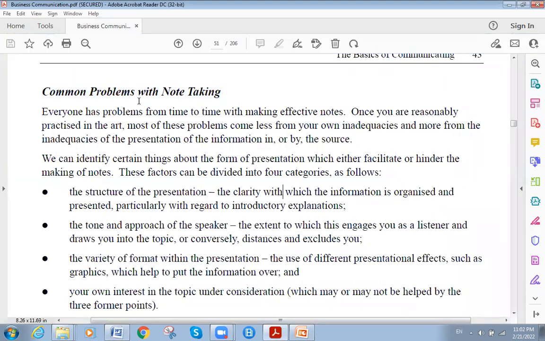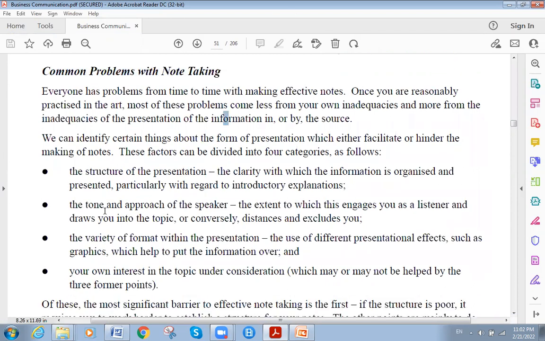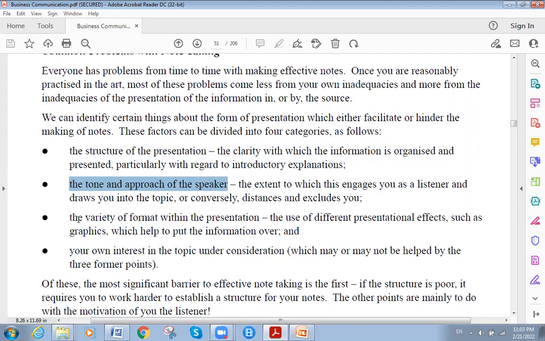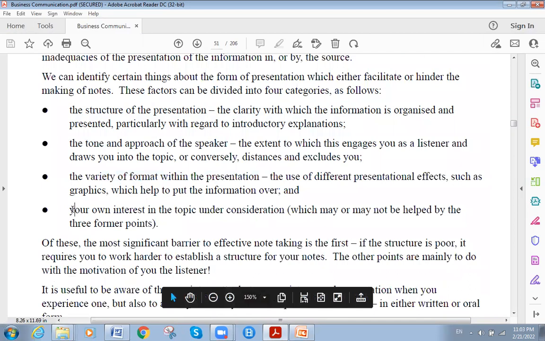Now we'll go to the common problems with note taking. The factors can be divided into 4 categories as follows: the structure of the presentation; the clarity with which the information is organized and presented, particularly in regard to introductory explanation; the tone and approach of the speaker; the variety of the format within the presentation; and your own interest in the topic under consideration.